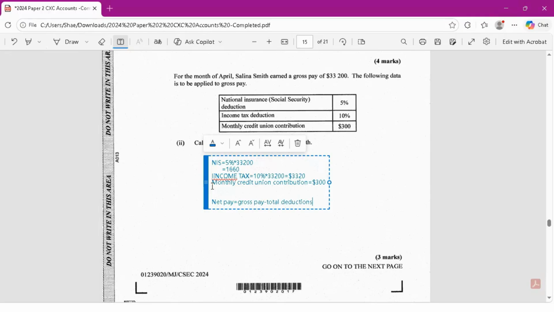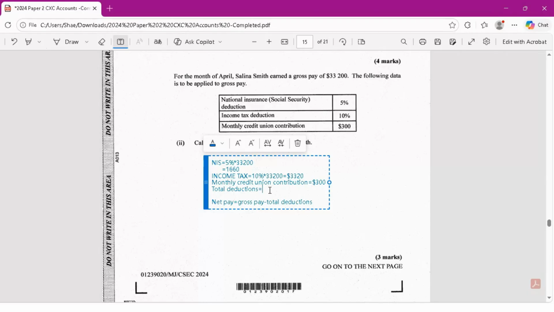Her total deductions: you can add all three, NIS, income tax, and monthly credit union contribution, to give you her total deductions.